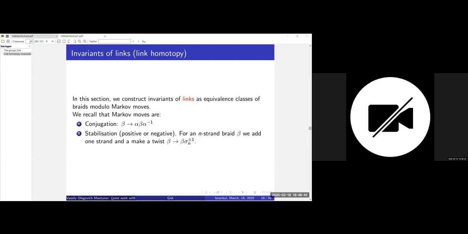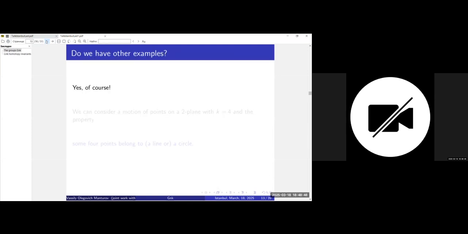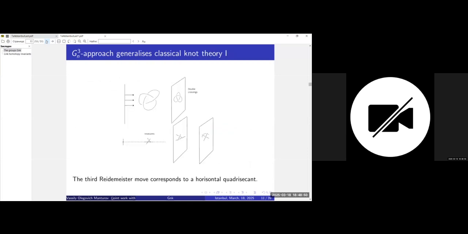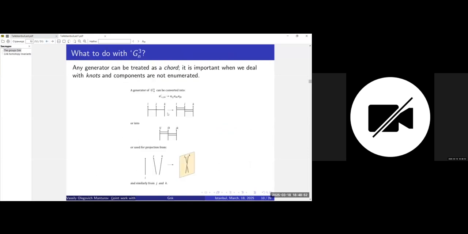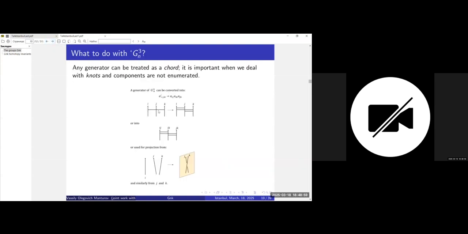So maybe one clue to that question can be related to chord diagrams. So you see here, if we look at a trisecant where we have strands number I, J, and K, then we can put such a triple chord diagram and we can do some tricks with that.